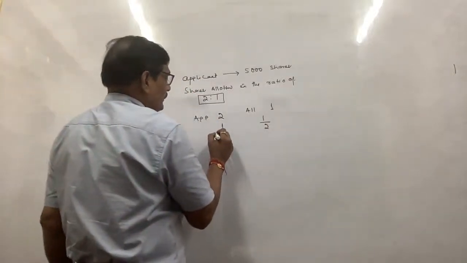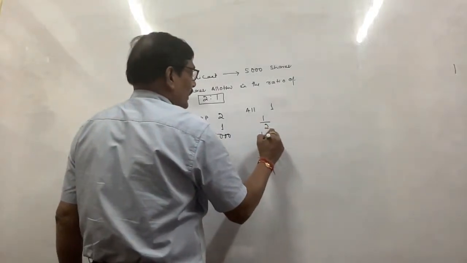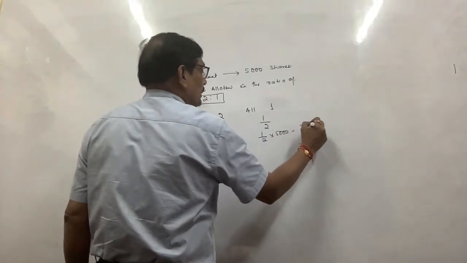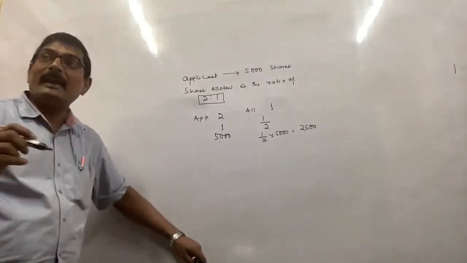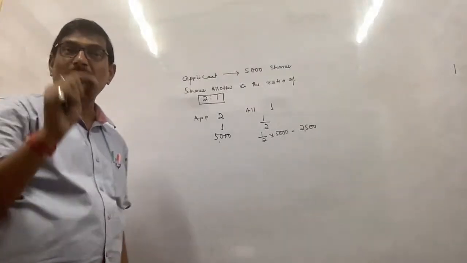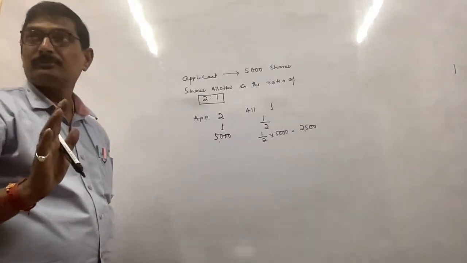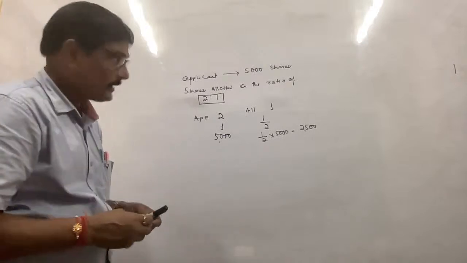So, applied 5,000, allotted 1/2 into 5,000, that is 2,500 shares. So I can say that those who have applied for 5,000 shares were allotted 2,500 shares. Clear? This is the calculation. Okay?